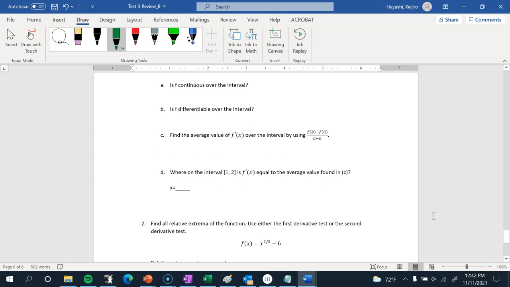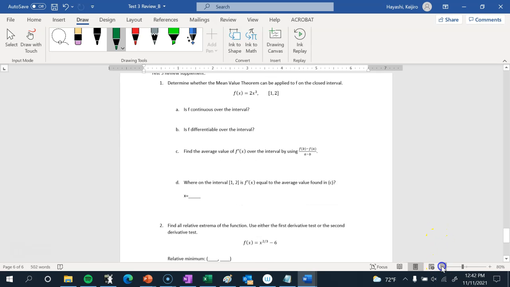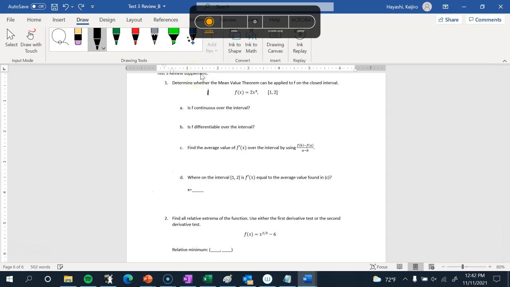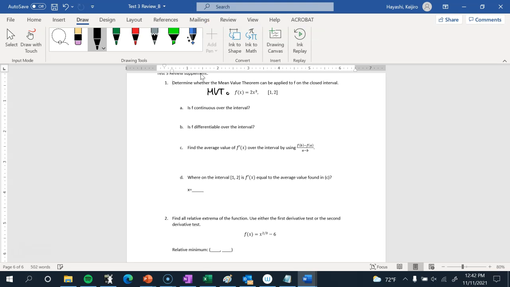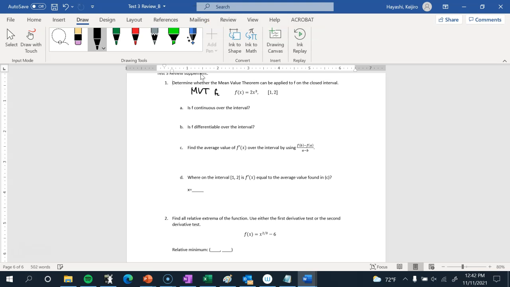These are just going to take up 1 page. In fact, you don't even have to write this whole problem if you want to. You could just write literally MVT, the mean value theorem, for this function on the interval 1 to 2. We'll go through the steps, but you'll know what they mean when you do them.